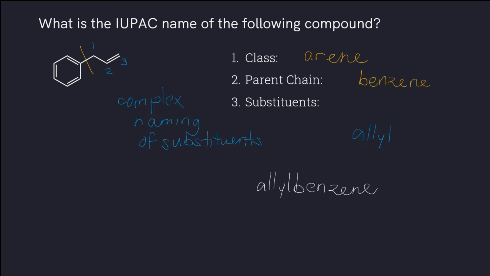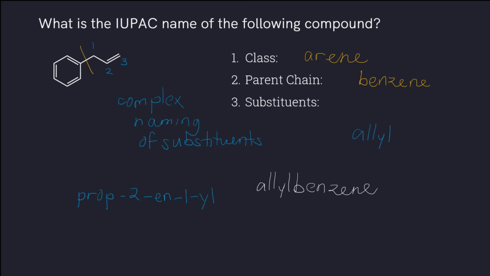Because this is a 3-carbon fragment with a double bond at the 2 position, this is prop-2-ene. And it is attached at the 1 position, so we write 1-yl. This is the more systematic way of naming the allyl fragment.